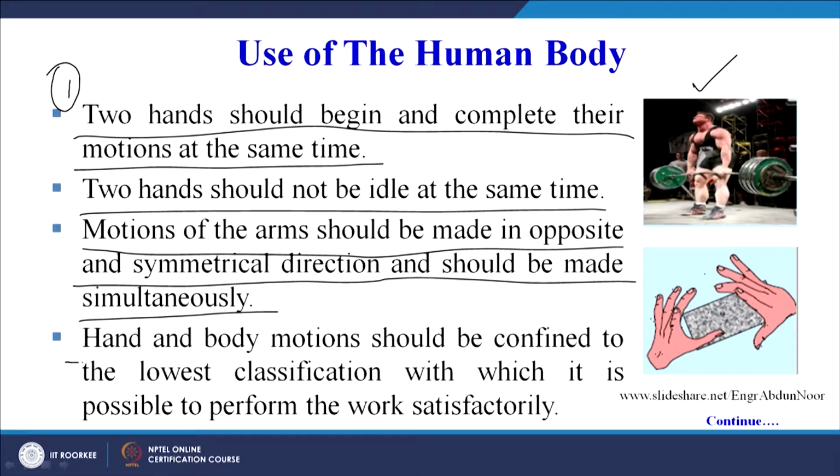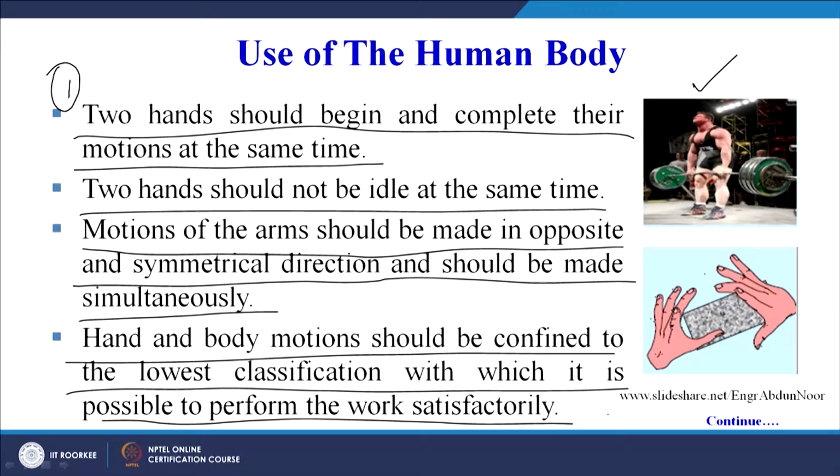Hand and body motions should be confined to the lowest classification with which it is possible to perform the work satisfactorily. Hand and body motions must be confined to the lowest classification, meaning wherever we find our hands to be comfortable. Now suppose I am standing here. This is my own perception about the lowest classification.